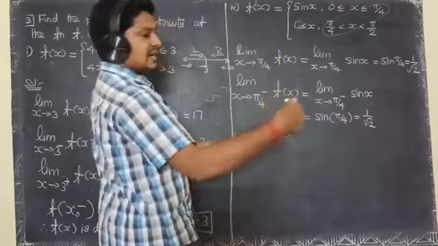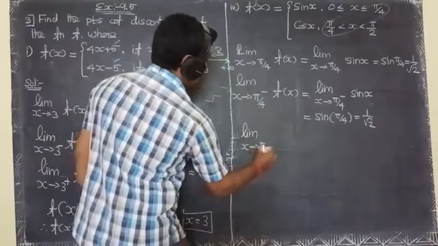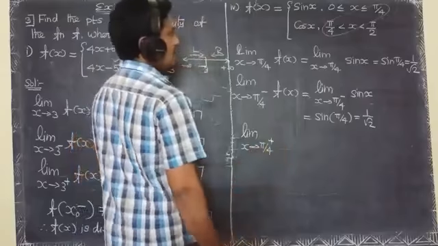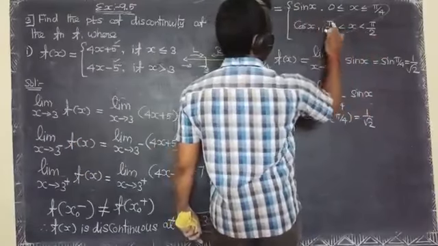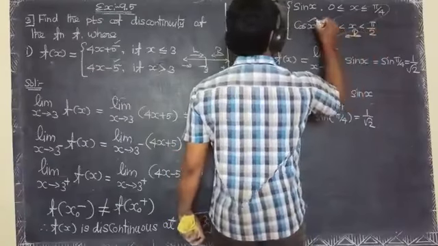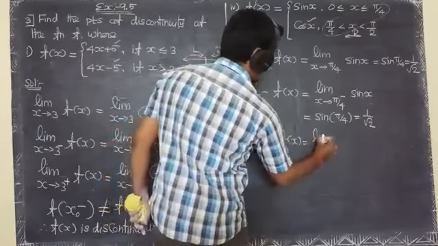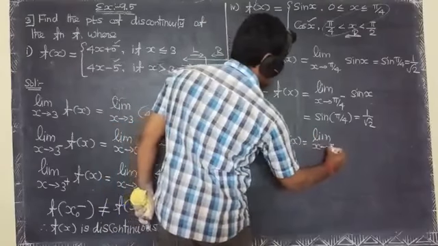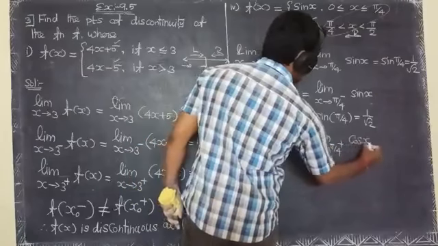To find the right-hand limit, limit x approaches pi by 4 plus. Pi by 4 plus means the function lies between pi by 4 and pi by 2, so this is the right approach using this function. Limit x approaches pi by 4 plus, the function is cos x.